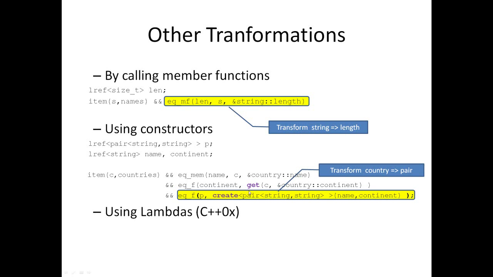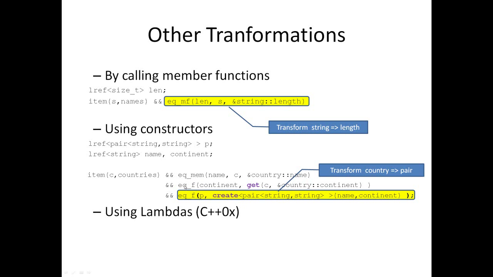Now here in this next example, I'm transforming the country into a pair of strings. The first element in the pair represents the name of the country, and the second element in the pair is the continent. So first I extract the name, and then I extract the continent here. Now, this is just a different way to do the extraction using EQ_F instead of EQ_mem.